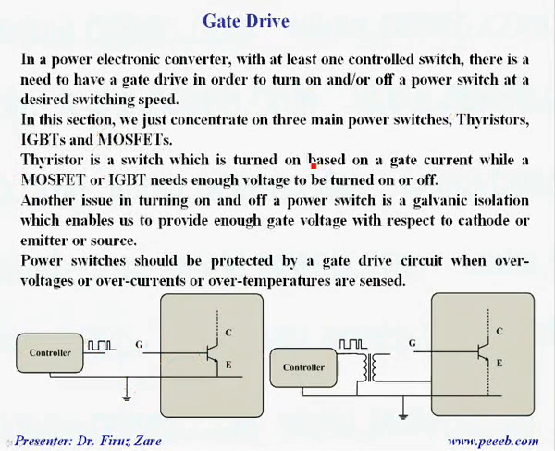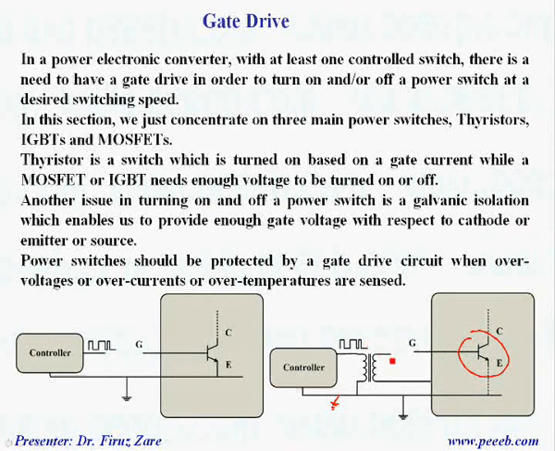In some other power converters, we have power switches whose emitter is not connected to the ground. In this case, if we have a gate signal with respect to this ground, we cannot connect it directly to the gate terminal, because we need to provide enough voltage with respect to the emitter.